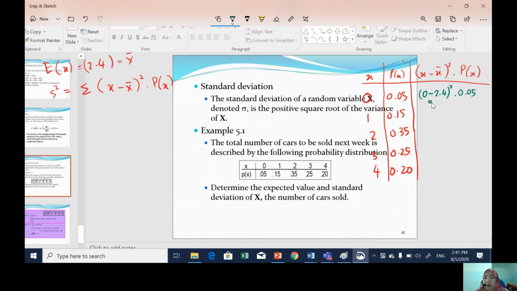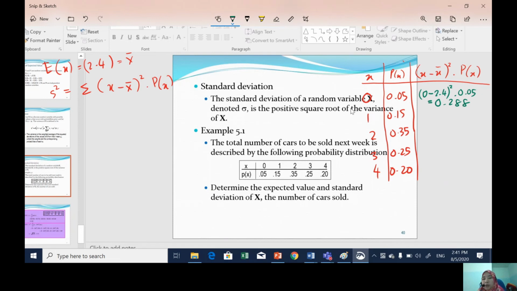Okay, so you have to simplify this. So the first one we have 0.288.